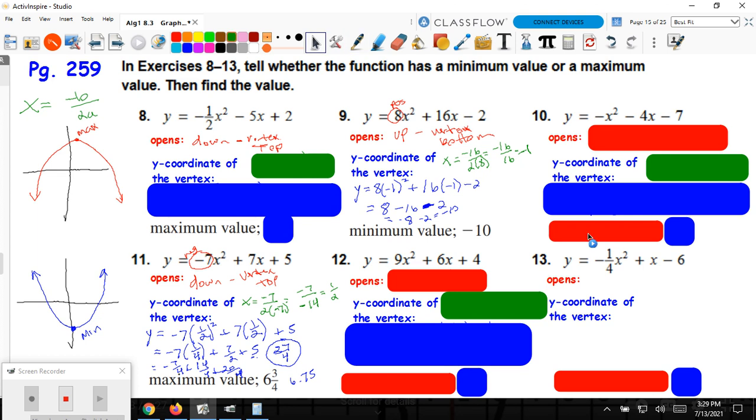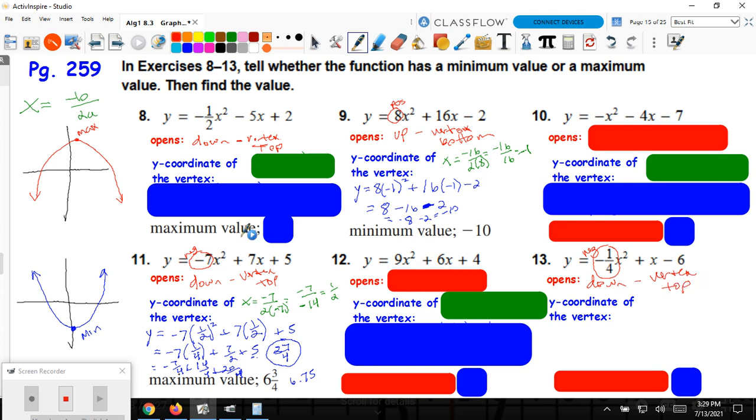Number 13. Okay, as far as which way does it open? Right here, based on our A number, it is negative. So since it's negative, it's going to open down. If it's opening down, that means our vertex is at the top.